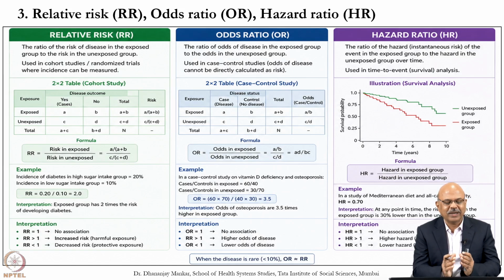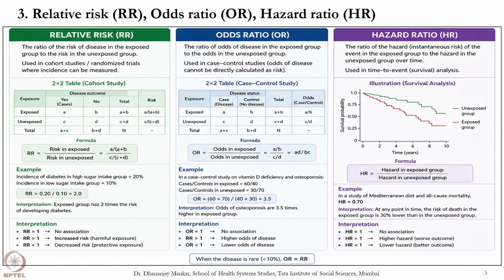If RR is equal to 1, there is no association. If it is higher, there is increased risk; if it is lower, there is decreased risk. So relative risk is the risk in the exposed group to the risk in the unexposed group.